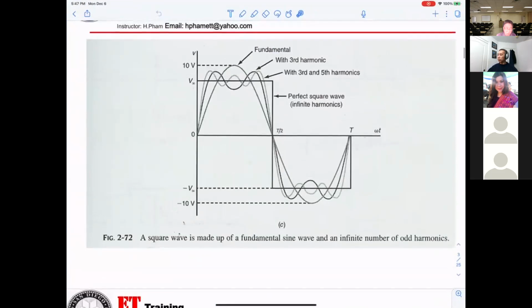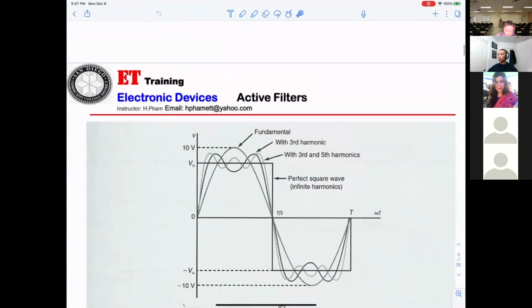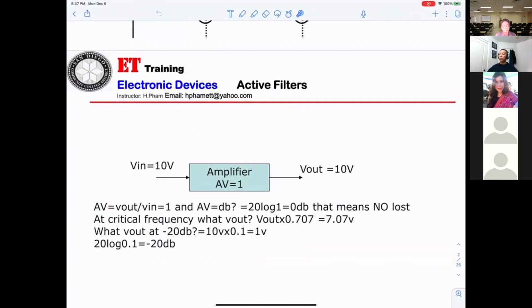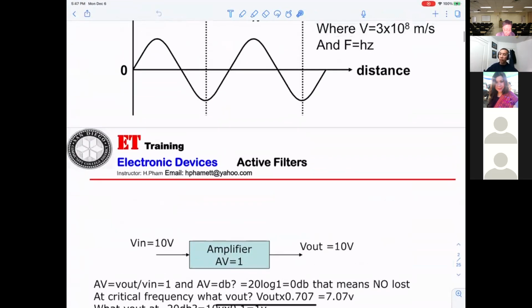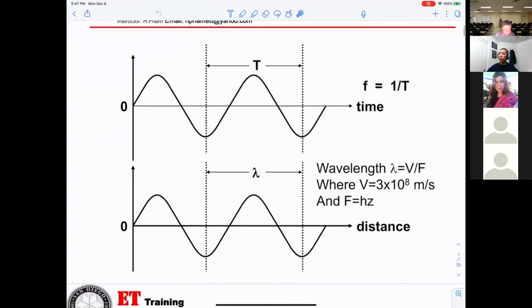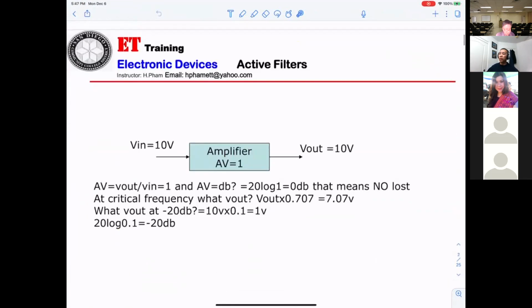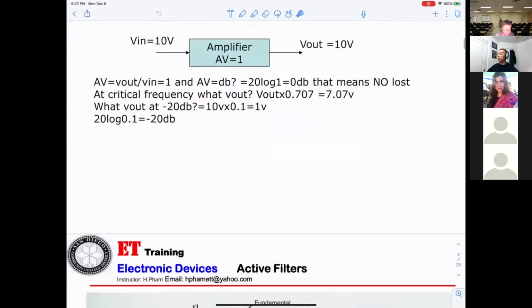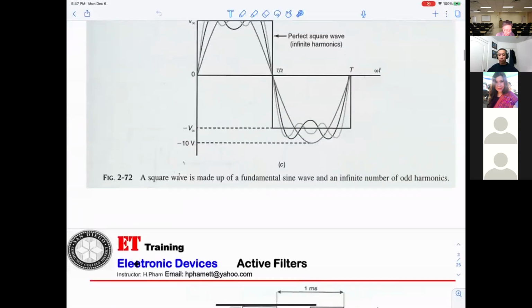We continue with the active filter. What you need to know is basically the definition for the filter.